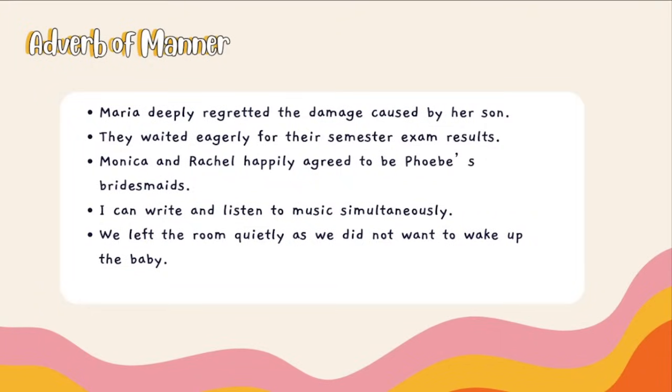So let's use those adverbs in a sentence. We have here the example, Maria deeply regretted the damage caused by her son. So what is the adverb here? As we say, we can easily determine it because adverbs usually end with ly.